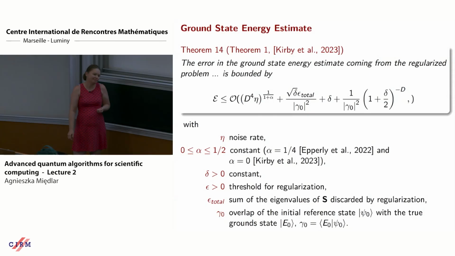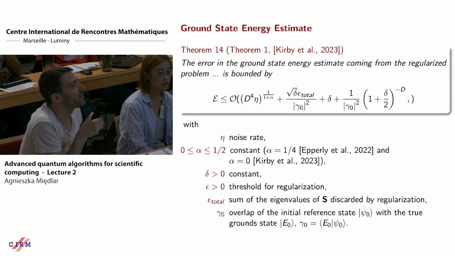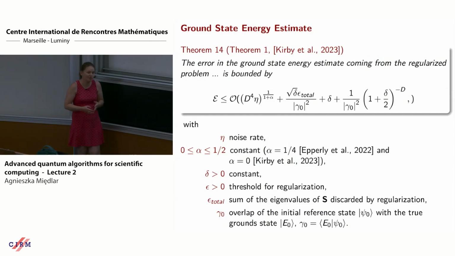The question is, do you expect on general grounds that you have access to an initial state that has a large enough overlap with the solution you're looking for? In order for this procedure to work, we need the initial state to have this proper overlap. There are techniques for how to construct those initial states with a large enough overlap for certain Hamiltonians.